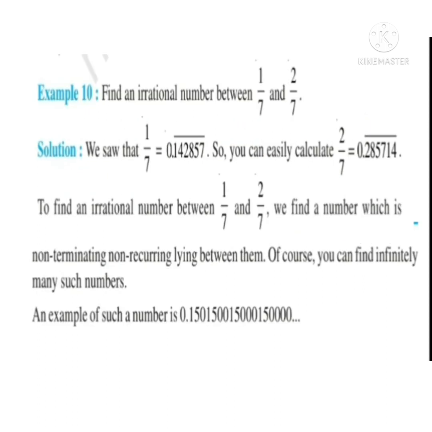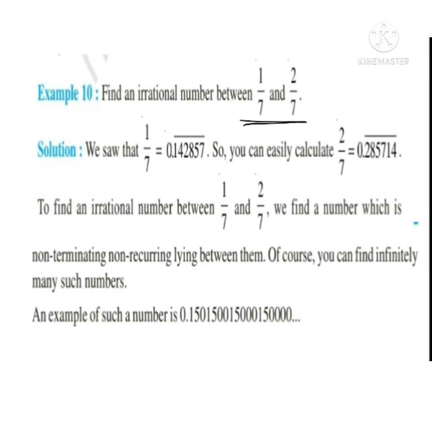Now the next example. Find an irrational number between 1 upon 7 and 2 upon 7. Students, we know that there are infinite numbers of irrational and rational numbers between any two given real numbers. So here we have to find only one irrational number between 1 by 7 and 2 by 7.